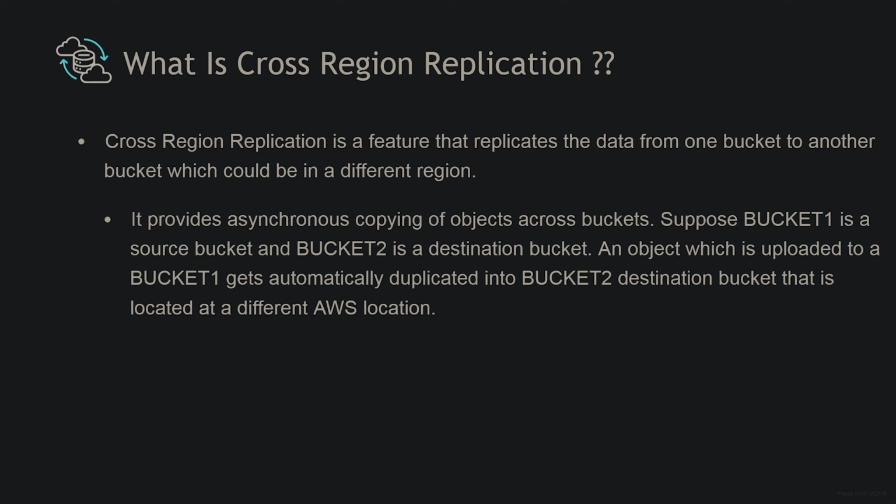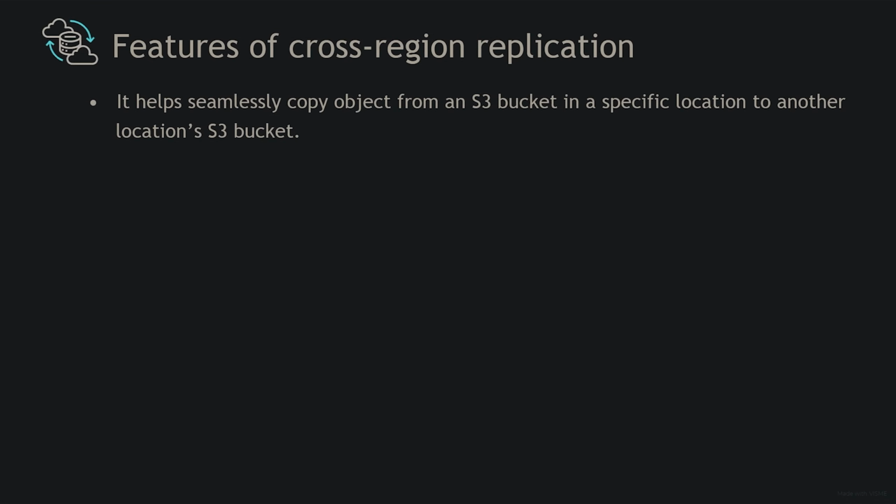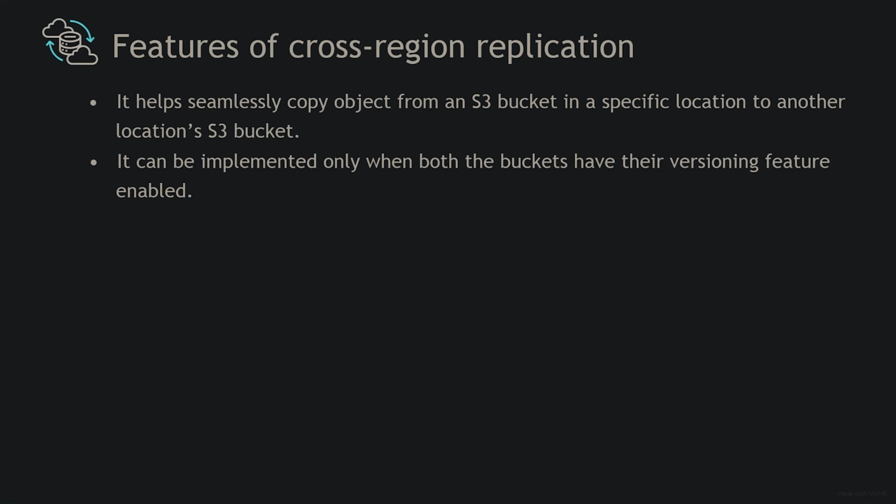Now let's see what are the features of cross-region replication. Well, the first one is it helps seamlessly copy objects from an S3 bucket in one location to another location's S3 bucket, right? It can be implemented only when both the buckets have their versioning feature enabled.